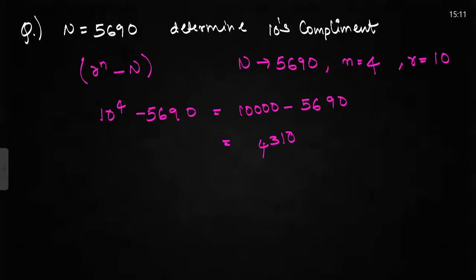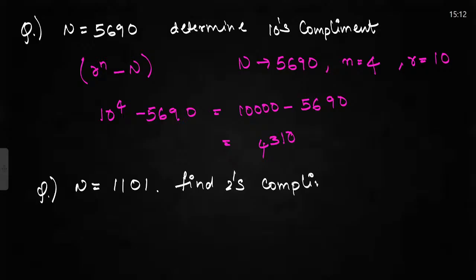Now I am giving another simple question. If I am asking N is equal to 1101 and I am asking to find the 2's complement, then my N is this one, my r is 2, my small n is 4.